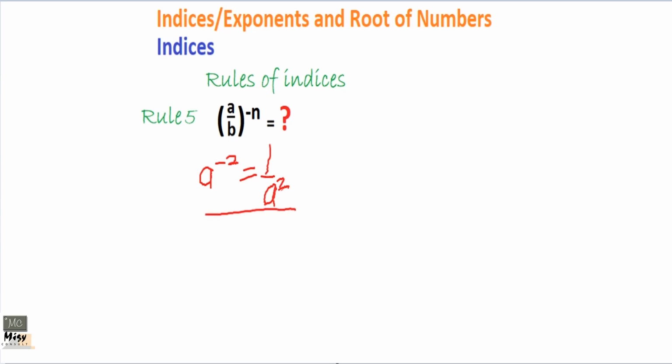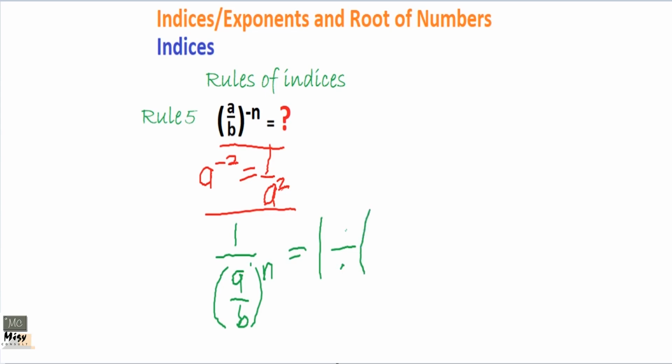So let's take this one that we have here. This one is going to give us what? 1 over a over b, raised to the power n, right? And we already know that, so 1 divided by what?